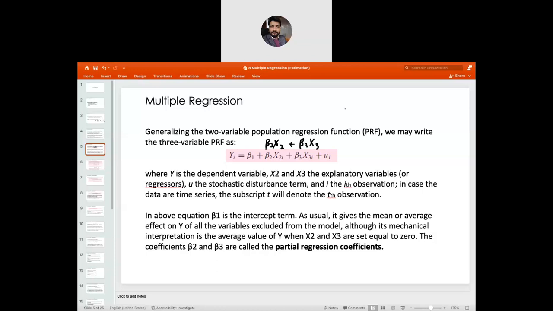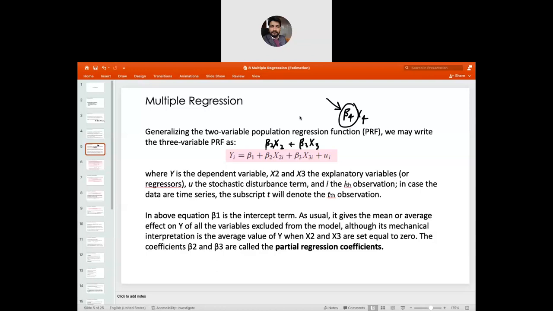For example, if somebody asks you what is beta 4, you would understand that beta 4 would be the coefficient of x4. So it becomes easy to interpret and relate the betas and the x's. There is no x1 here. We have started from x2.